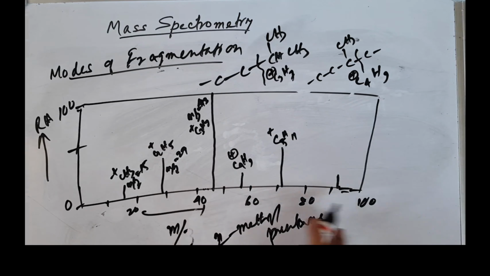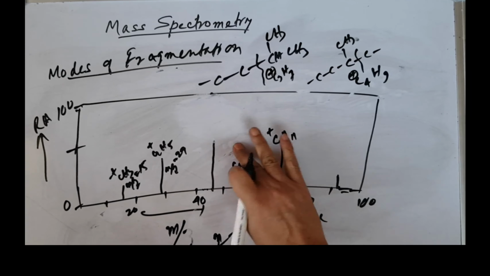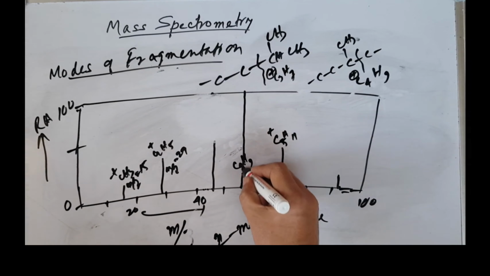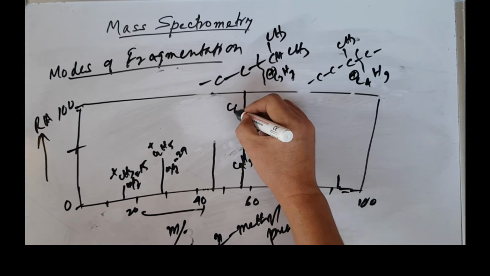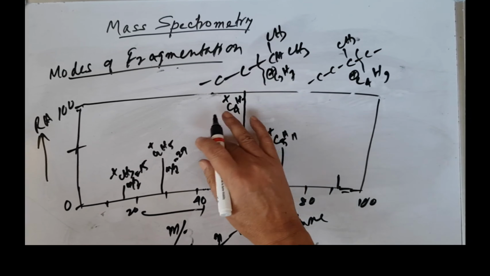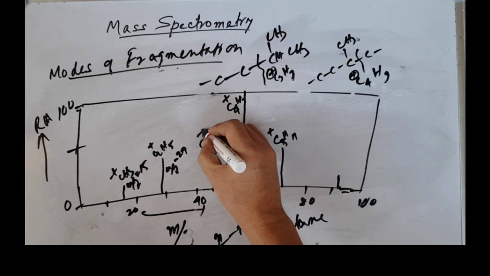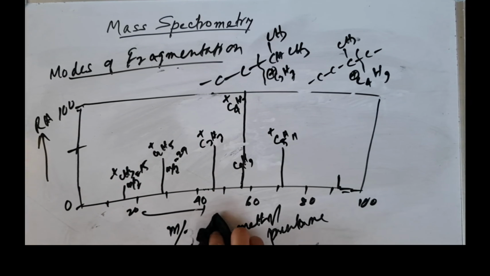This is for 2-methyl pentane. And similarly, in the case of 3-methyl pentane, the base peak will be here, with high intensity, so C4H9. And here this is C3H7. So I am showing this here for 3-methyl pentane.